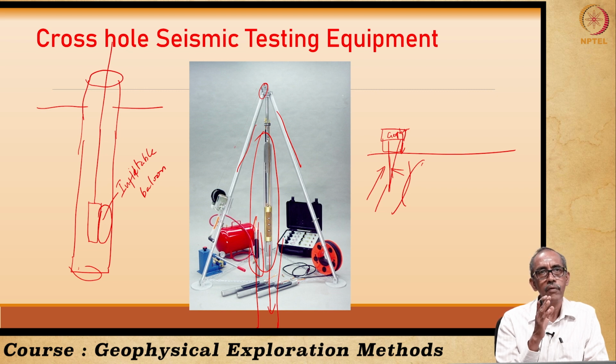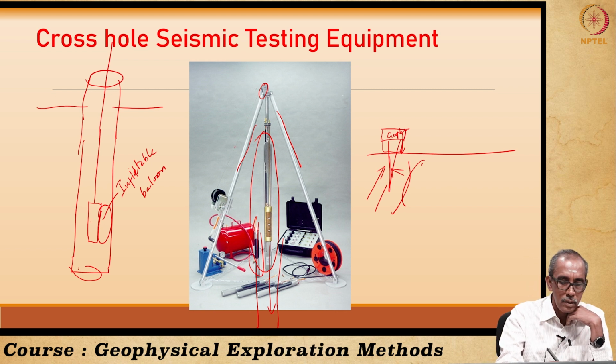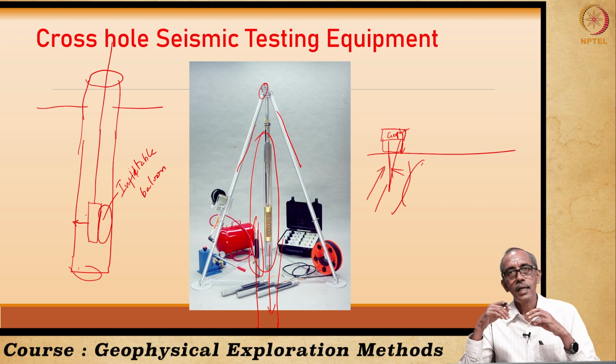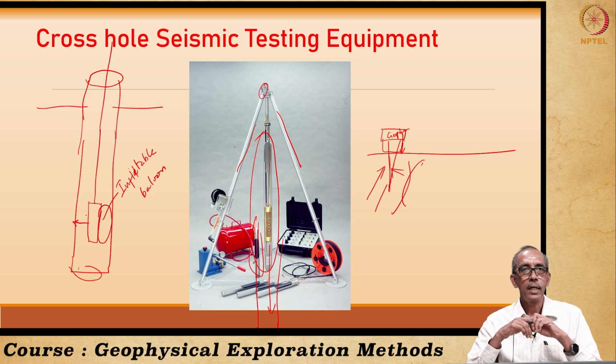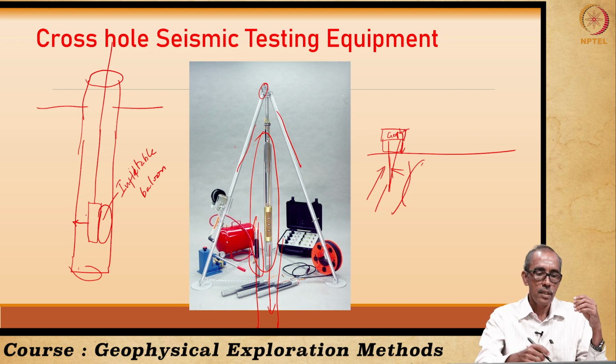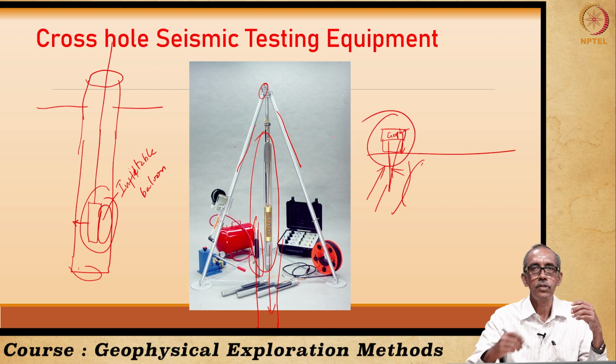After taking the geophone to the desired level, you can activate that tool so that the geophone will be pushed towards the wall of the borehole. So, this arrangement is necessary when you conduct a cross-hole seismic. In cross-hole seismic, the geophone which we use is designed differently with this arrangement. That is why the borehole geophones are more expensive than the surface geophones.